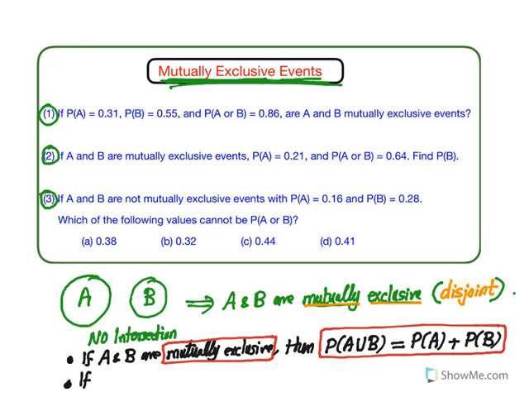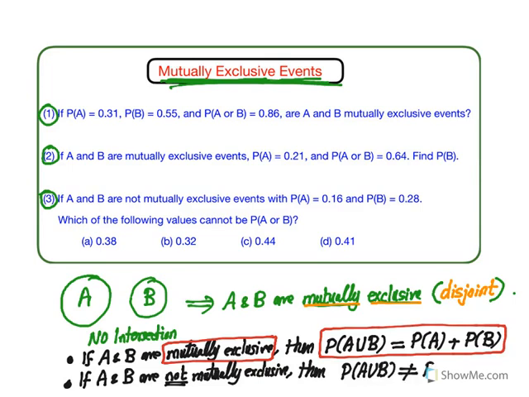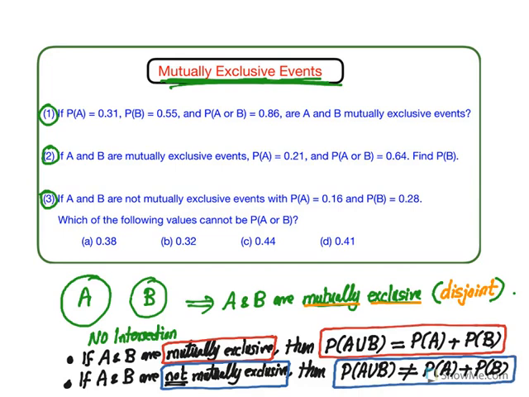But if A and B are not mutually exclusive, then the probability of A or B will not be the same as the probability of A plus probability of B. If they are not mutually exclusive, then the probability of A or B is not going to be the sum.